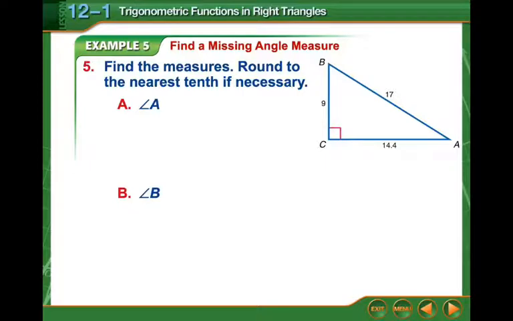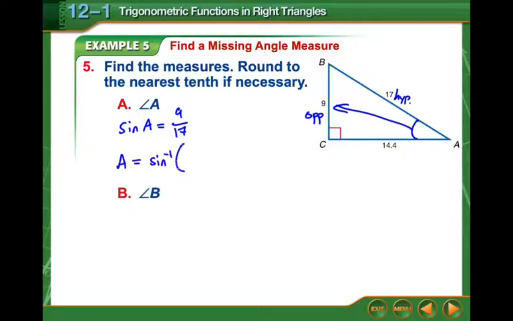So if we're looking for A, let's do sine. So this is going to be the opposite and the hypotenuse. For A, we're going to use sine of A is equal to 9 over 17. So if we're going to use our inverse sine to find A, we now need to do that. So A is going to be equal to the inverse sine of 9 over 17.